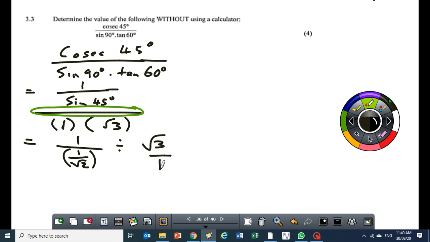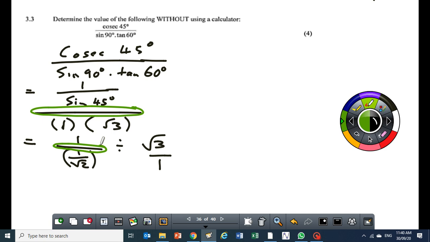Then, here, you are dividing 1 by a fraction. Now, you can also replace this division line by a division sign. Don't touch this for now, but if you want, you can. You can convert that division to multiplication.